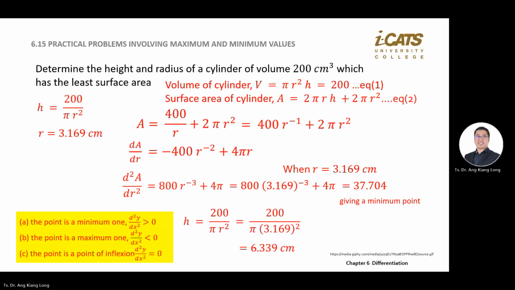Go and read. If not mistaken, the last part of the question will ask you about this maximum minimum point, how it affects your design, or how it helps you to determine the minimum area or minimum volume and so on. You just need to elaborate a little bit on the application of this chapter.